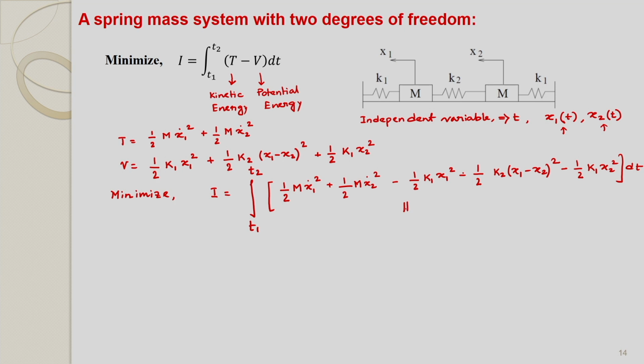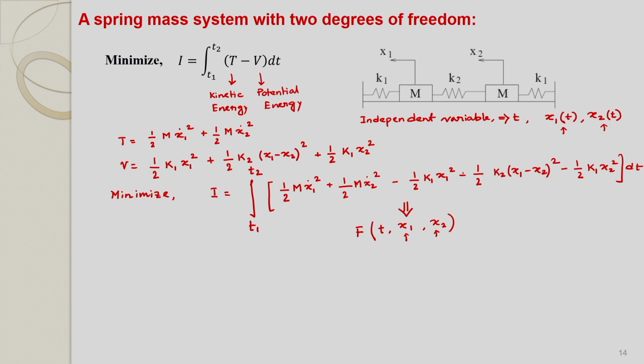So, this is a functional which is function of time t, which is the independent variable, function of x1 and x2. These are two dependent variable.